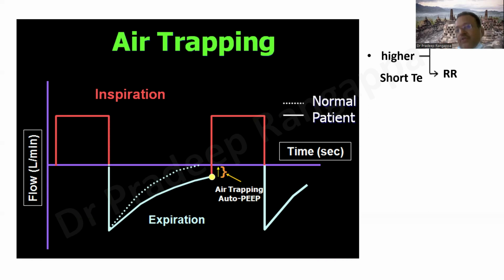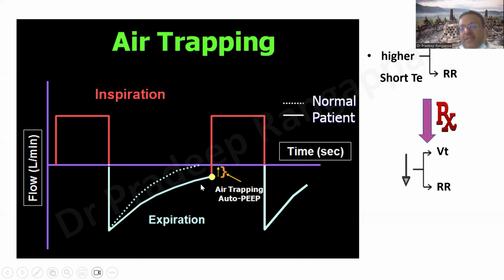So higher tidal volume, higher respiratory rate, and shorter expiratory time is what will lead to worsening of intrinsic PEEP or dynamic hyperinflation. So the treatment is, we need to lower the tidal volume, we need to reduce the respiratory rate, and we need to increase the expiratory time, because the whole problem in COPD is there's not enough time for the carbon dioxide to come out.